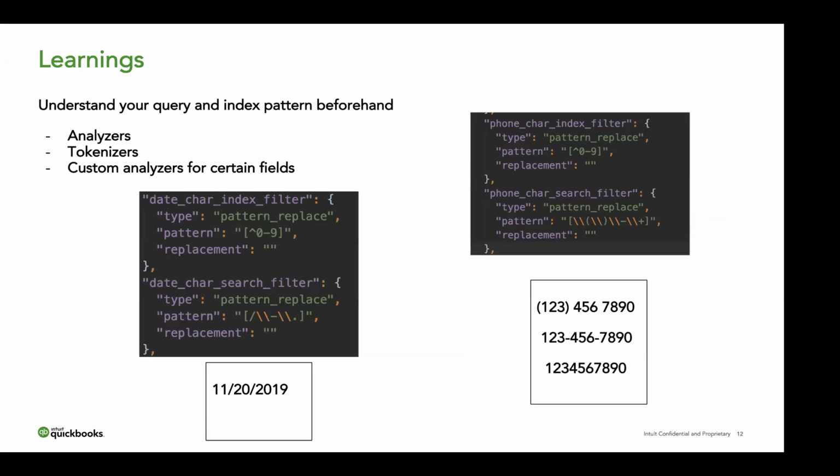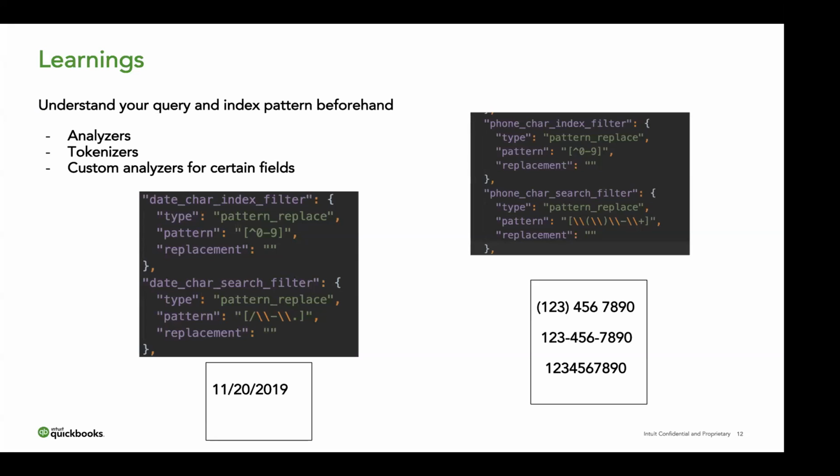The next learning is how do we provide searches on certain fields. For example, on the left, you have dates. QuickBooks is used all around the world. We have different date formats. The US uses month, date, and year.